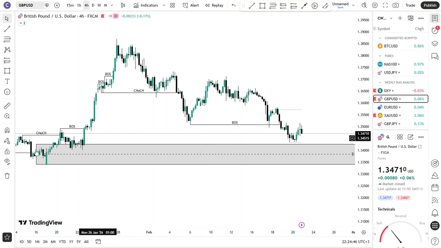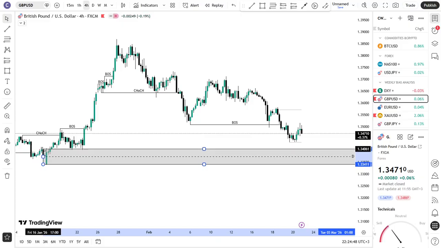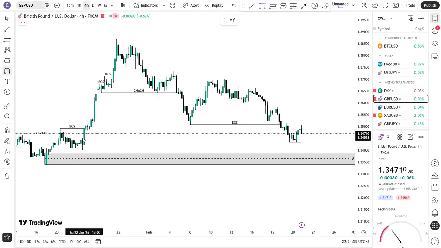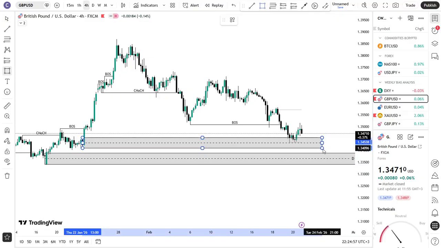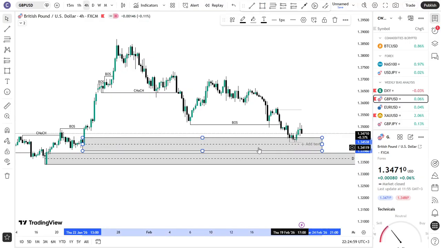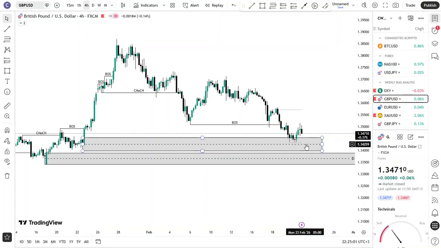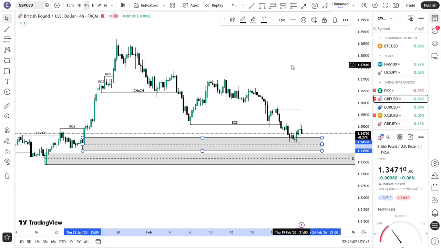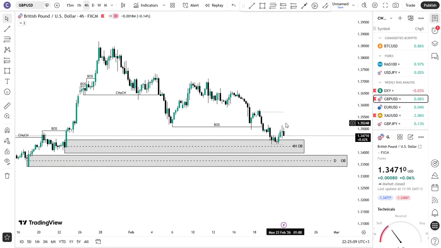Also we do have this break of structure here on the 4 hour time frame, and we have this OB which price has reacted to. It has reacted to the 50% level of this OB. Price might push upward because overall we are bullish.